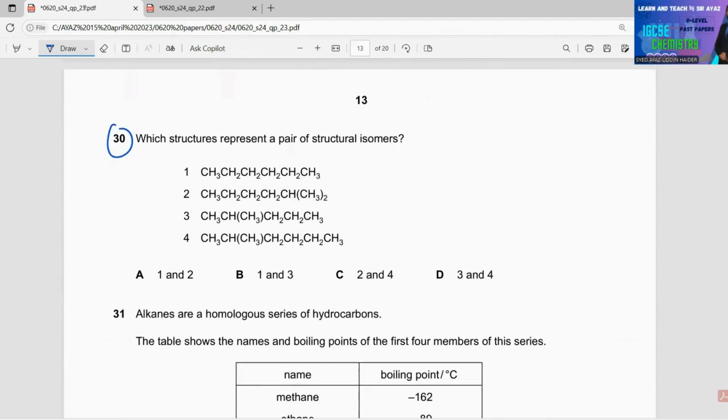30. Which structures represent a pair of structural isomers? So what are structural isomers? They have the same molecular formula, but different structural formula.